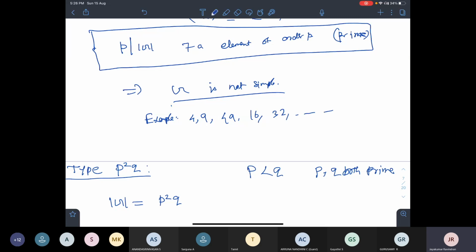These are p-powers: p squared, p cubed. 27 is also there. These are the examples.